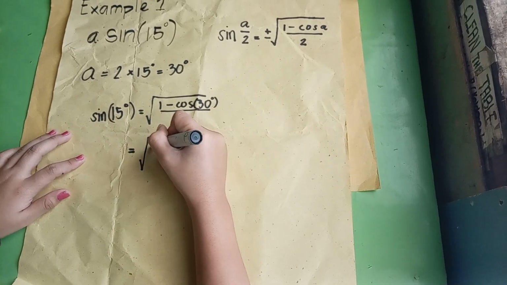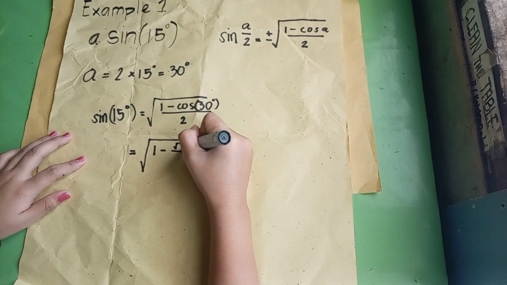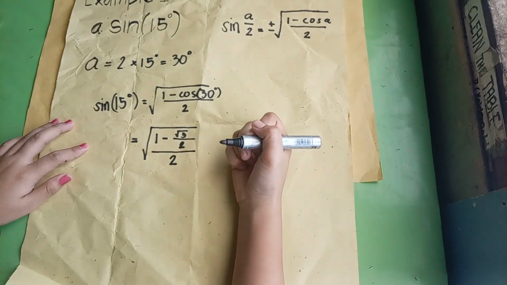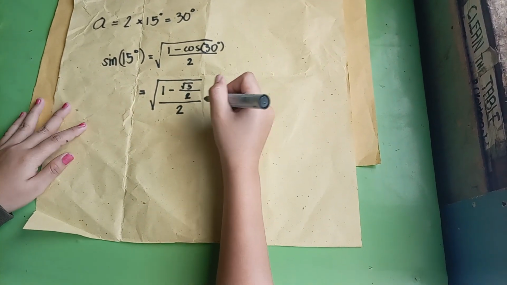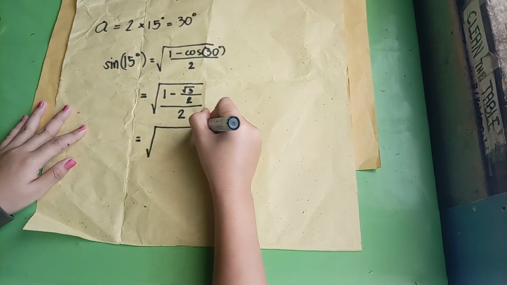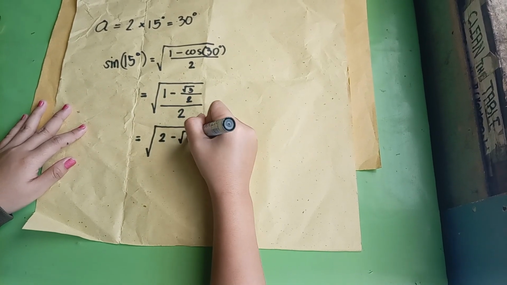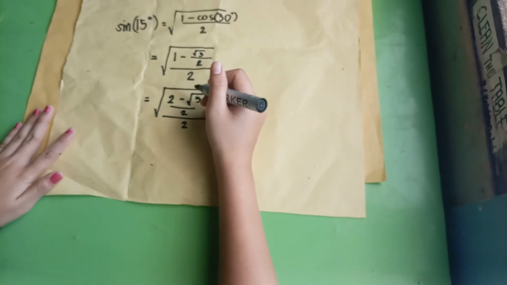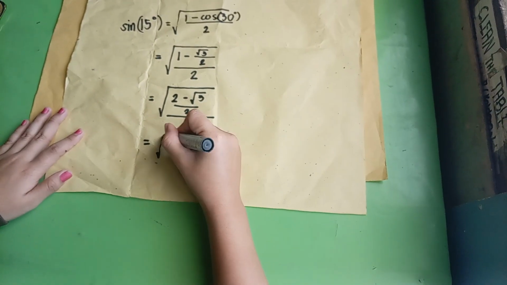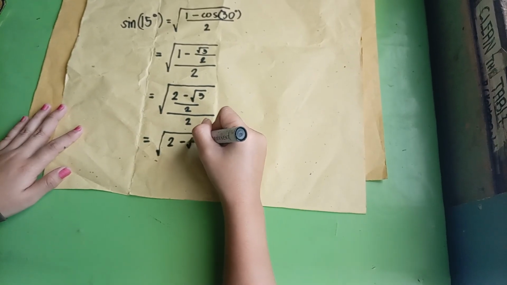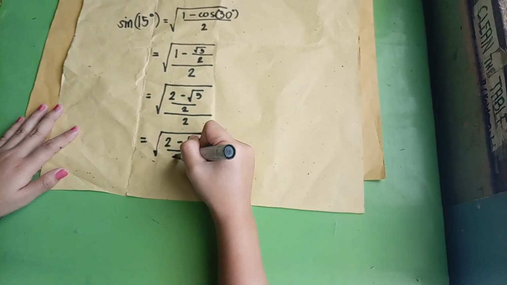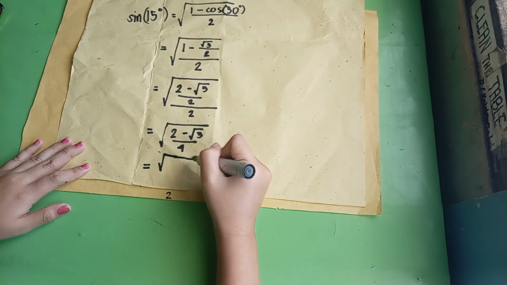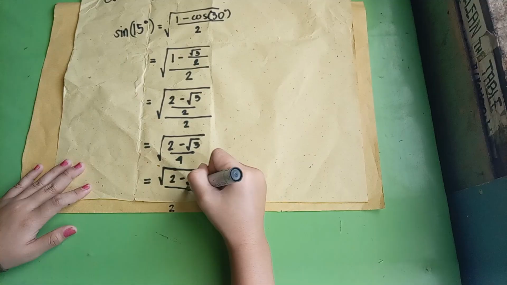The exact value of sine of 30 degrees is square root of 3 over 2. After that, we simplify the expression. Therefore, the exact value of sine of 15 degrees is equal to square root of 2 minus square root of 3 over 2.